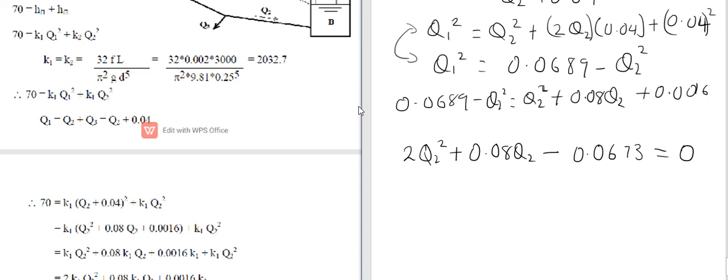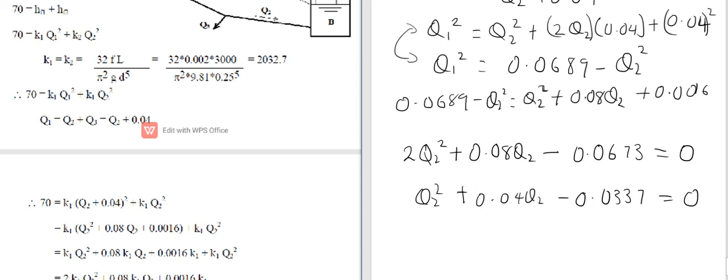So now if we divide through by 2, we have Q2 squared plus 0.04 Q2 minus 0.0337 is equal to 0.